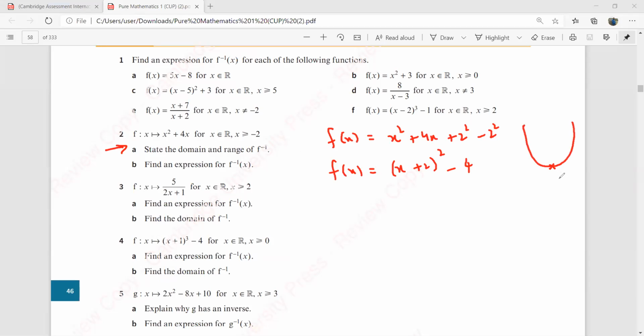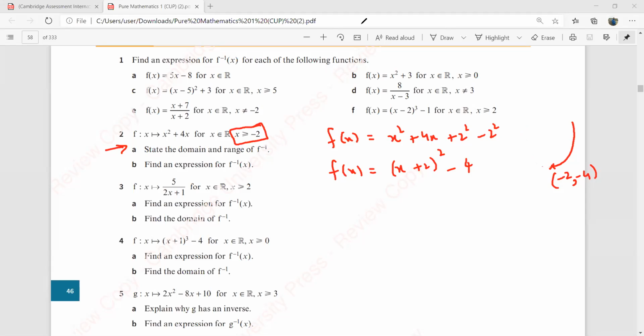This point is -2 comma -4. Now let's see what is the given domain. Oh yes, it is x is greater than or equal to -2. So that means we have to ignore this part over here, so I'll be removing this part from here.